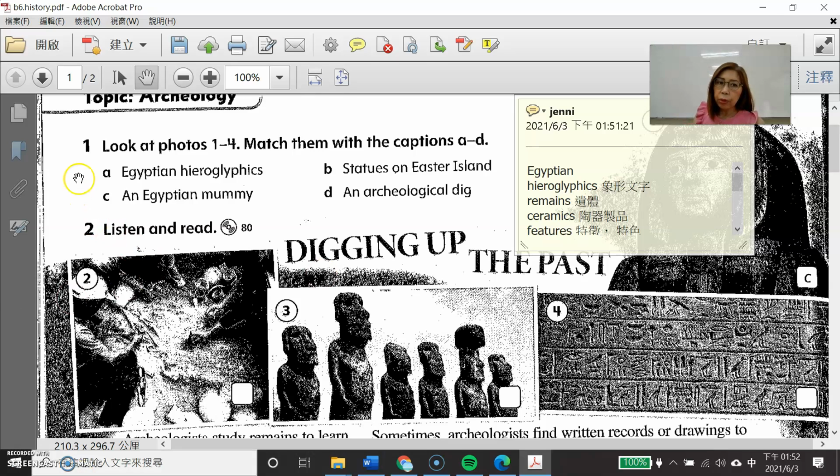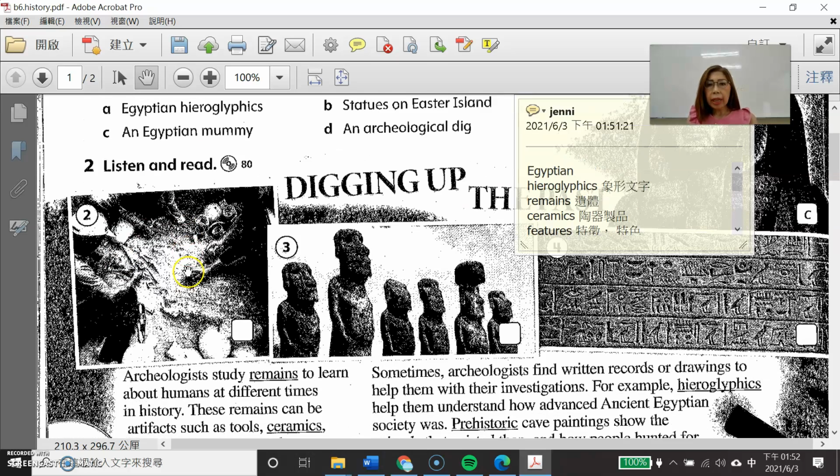Alright, so Egyptian 这个字怎么念呢？我们一起念来，hieroglyphics, H-I-E-R-O, 不要念 ra. Hieroglyphics here 在这里象形文字 hieroglyphics.